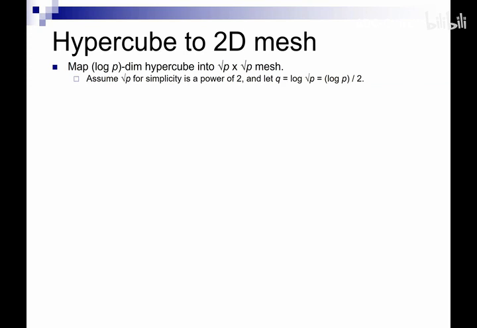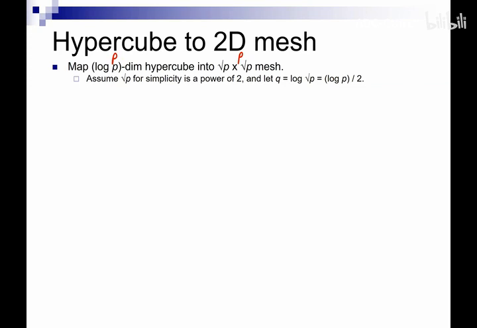So what we'll try to do is go from a log p dimensional hypercube into a root p by root p mesh. The number of processors in this hypercube is going to be p, and there are also p nodes in this mesh.